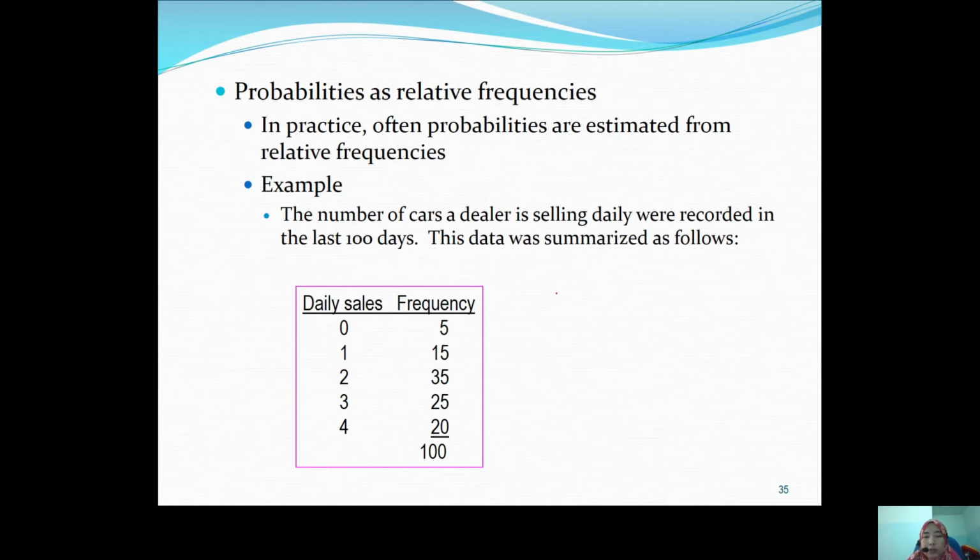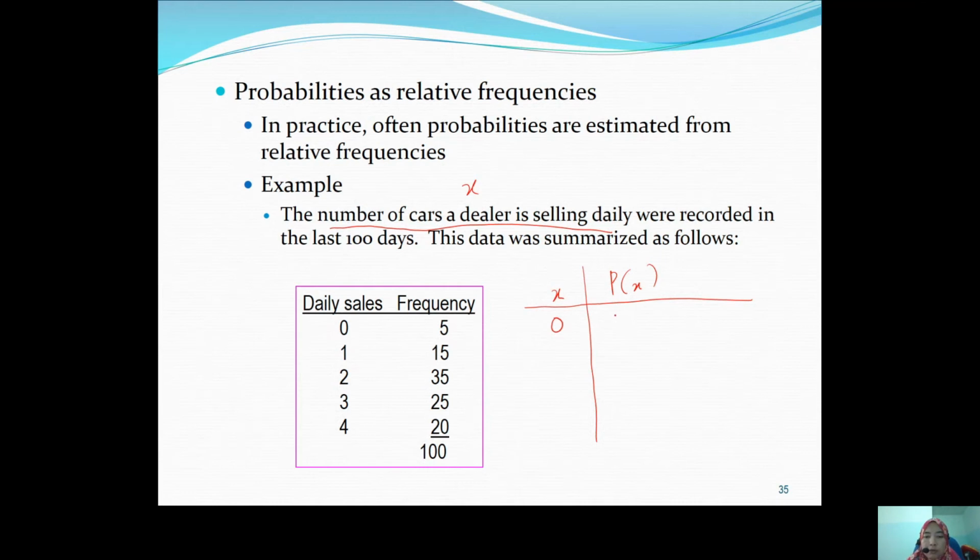I'm going to show another example for this table. The number of cars a dealer is selling daily is the X value. So the probability distribution table will be shown like this, X and P(X).